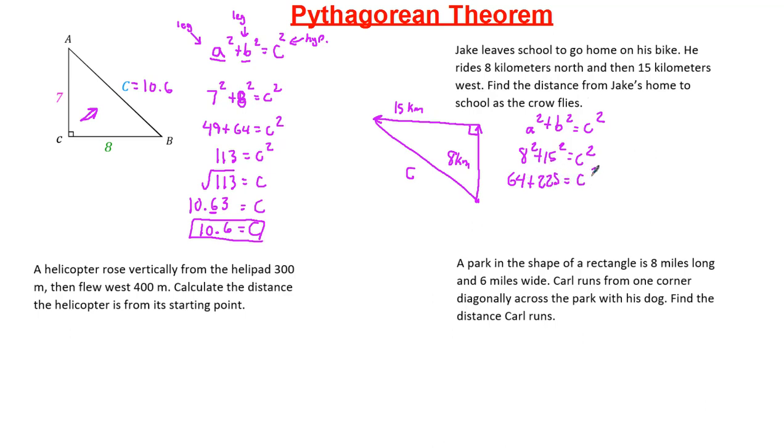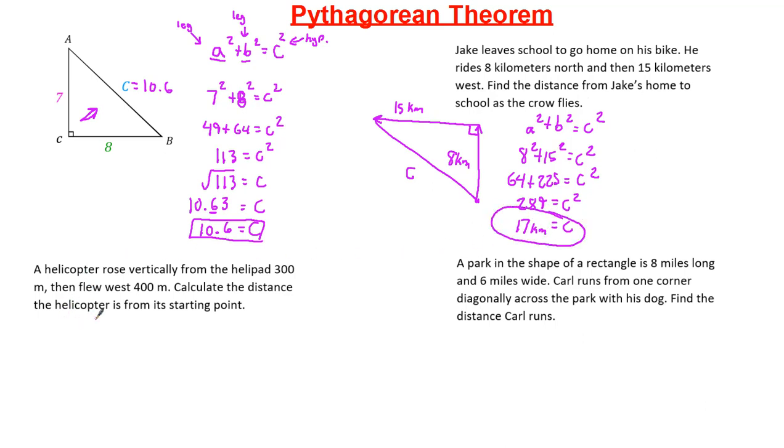And then this is going to be equal to c squared. So 225 plus 64 is going to be equal to 289. That's going to be the value of c squared. Now to find c, I got to take the square root of 289. So the square root of 289 is 17. So my answer is going to be 17 kilometers.